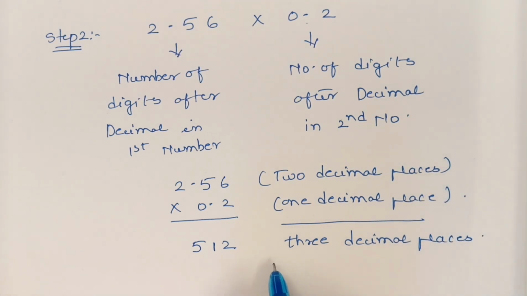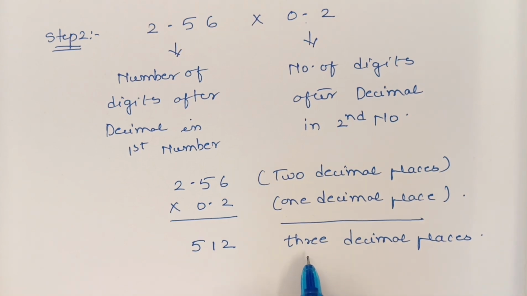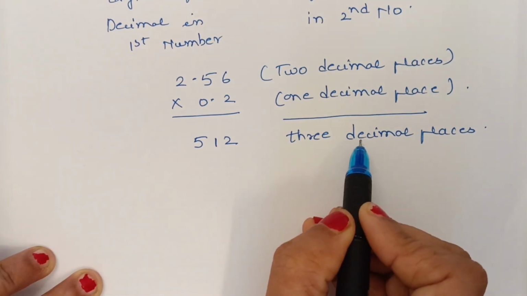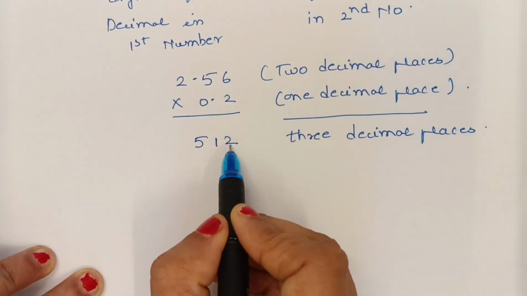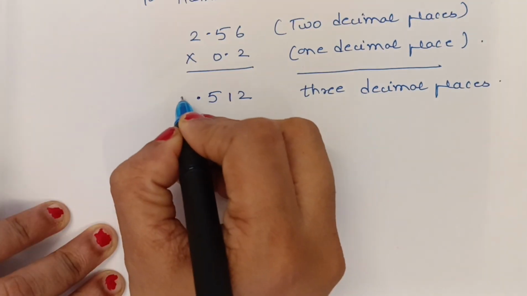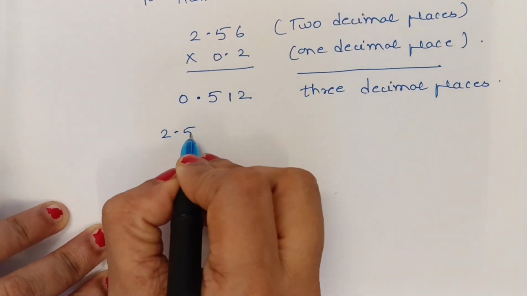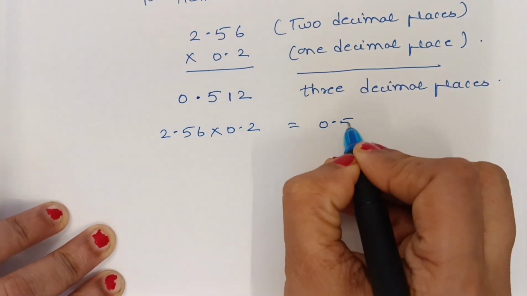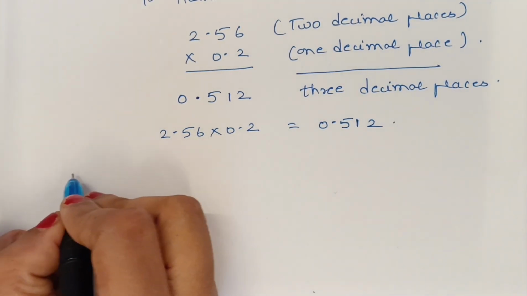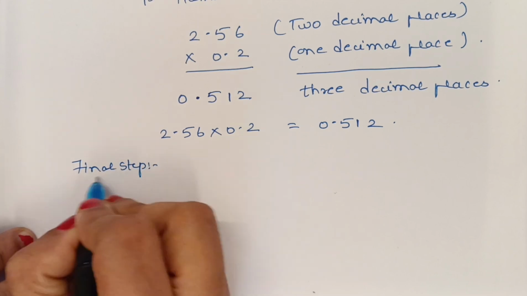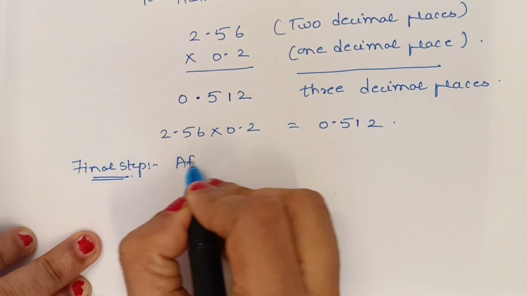Understand this concept very clearly. You have to place 3 decimal places from the ones place. Ones, tens, hundreds. So point. So your final answer is, 2.56 into 0.2, that is 0.512.